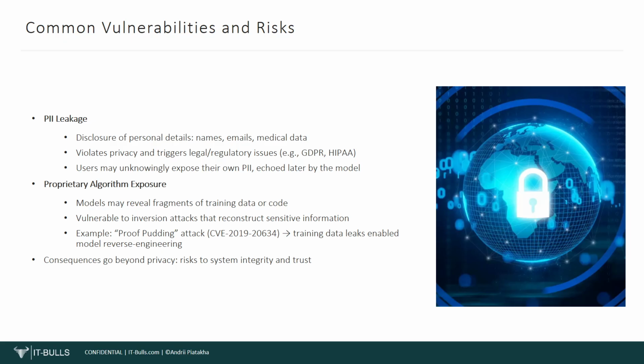A well-documented case is the so-called proof pudding attack, CVE-2019-20634, where disclosed training data allowed attackers to effectively reverse engineer a model's behavior, bypassing security filters in email systems. This example demonstrates that when sensitive data leaks through outputs, the consequences extend far beyond privacy. They can undermine the integrity of entire systems.